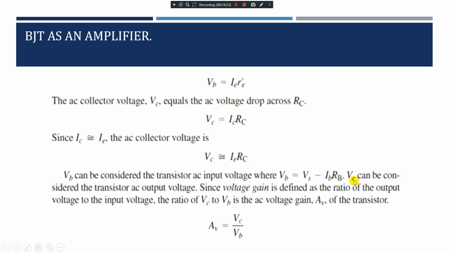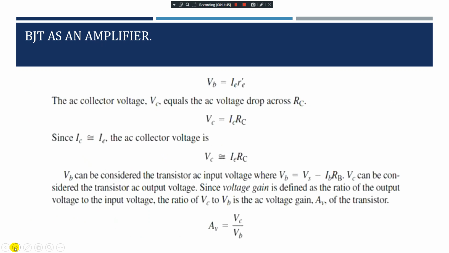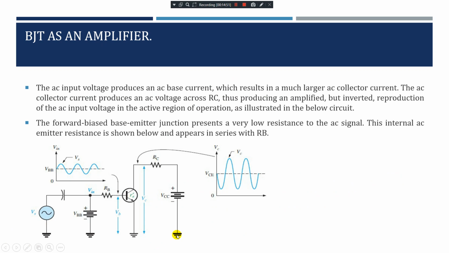Okay, so now coming to VC. VC is nothing but collector voltage. VC can be considered the transistor output voltage, because the output we are taking is at the collector. When you take the output from the collector, that's nothing but your output from RC, so we can say it is the output voltage with respect to ground.